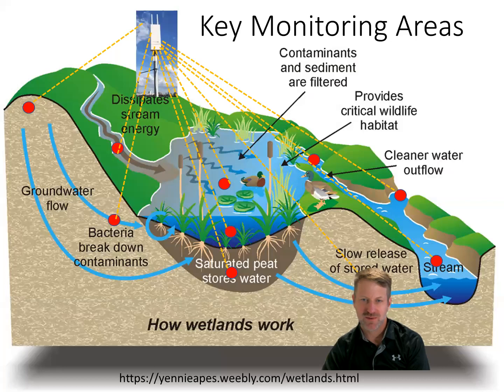So if we imagine this wetland system again, if we want to monitor all these points, we want to see what's happening with the stream, how much water is going in, how much water is going out. We can just place one gateway that's going to cover the site.